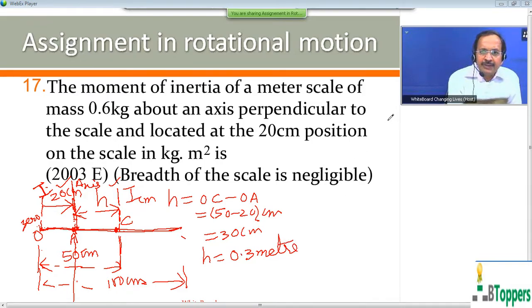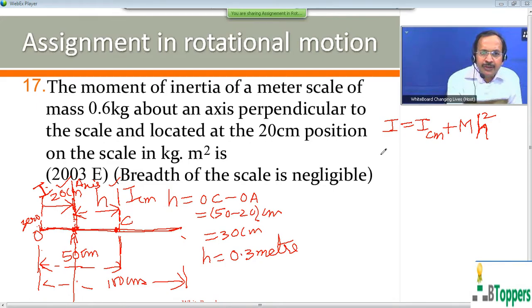Now, according to the parallel axis theorem, the moment of inertia of a rigid body about any axis can be written as equal to its moment of inertia about the parallel axis passing through its center of mass plus the product of the mass of the body and the square of the perpendicular distance h between the two axes.